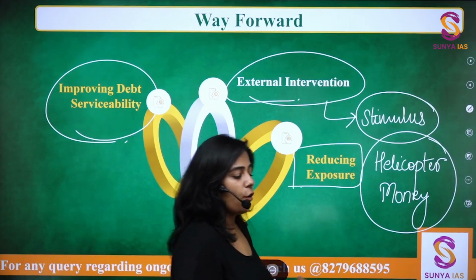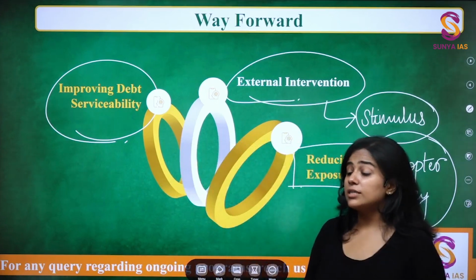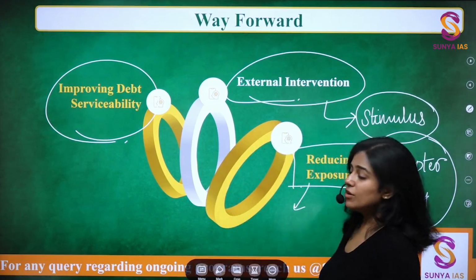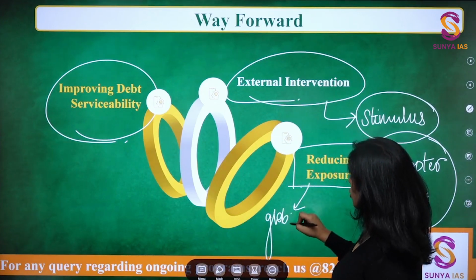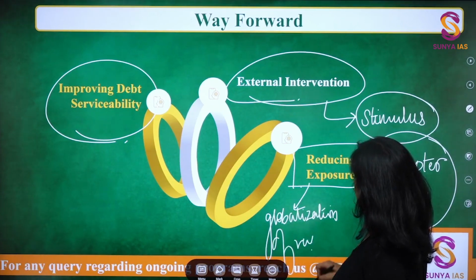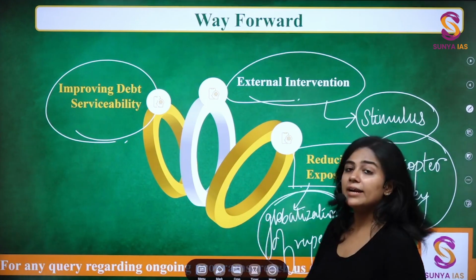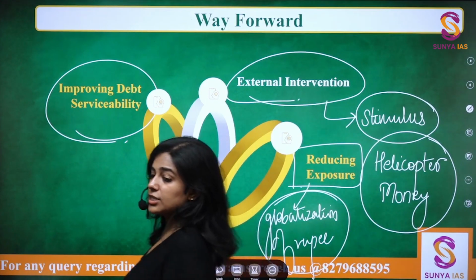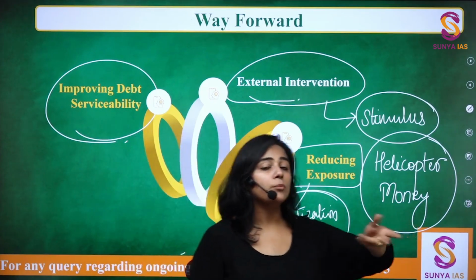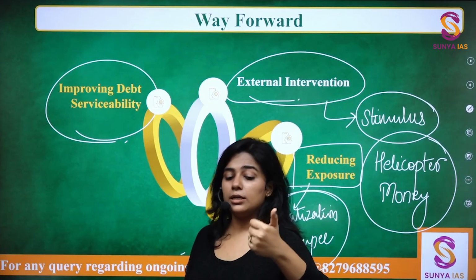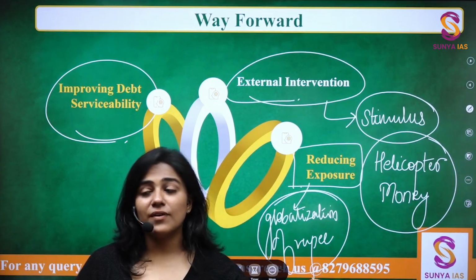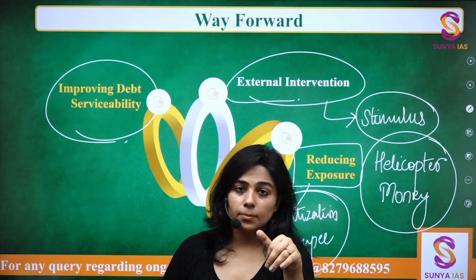to the foreign economies. Now, this is not to say that become deglobalized. Reducing exposure will also happen when we go towards globalization of rupee. Globalization of rupee or internationalization of rupee. We have already had a lecture on internationalization of rupee. You can watch that. But when we trade more and more in rupee rather than trading in, let's say, dollars, we are in a safer position because the printing of the currency, the value determination of the currency is in our hands, right?